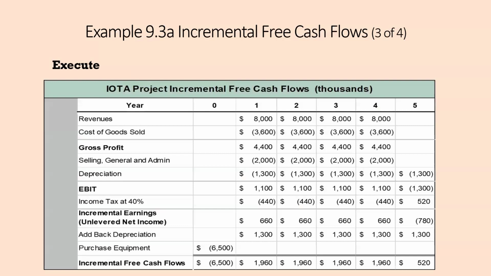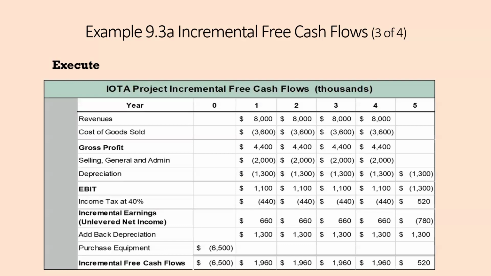Here you see a table where we're executing. It's the IOTA project incremental free cash flow in thousands. You have year 0 through 1, 2, 3, 4, and 5. As you see in year 0, all of the lines are left blank except the purchase of equipment, which is at a negative 6.5.